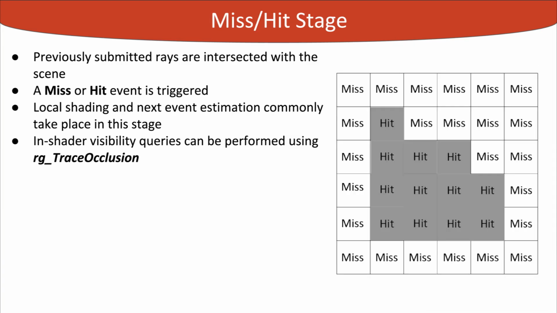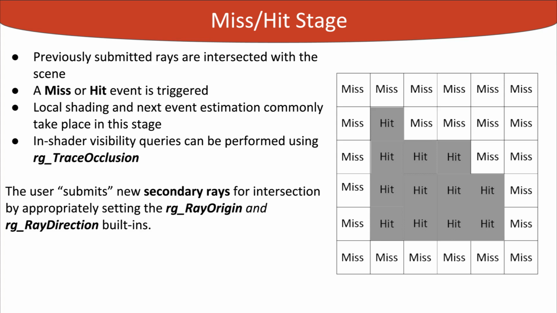Submitted rays are consequently intersected with the scene, and the framework triggers a miss or a hit event accordingly. This is where local shading commonly takes place. Visibility queries are also very useful in this stage and can be performed using the RGTraceOcclusion API function within the shader. Secondary rays are submitted in code, again by assigning to the built-in variables RG_RayOrigin and RG_RayDirection.